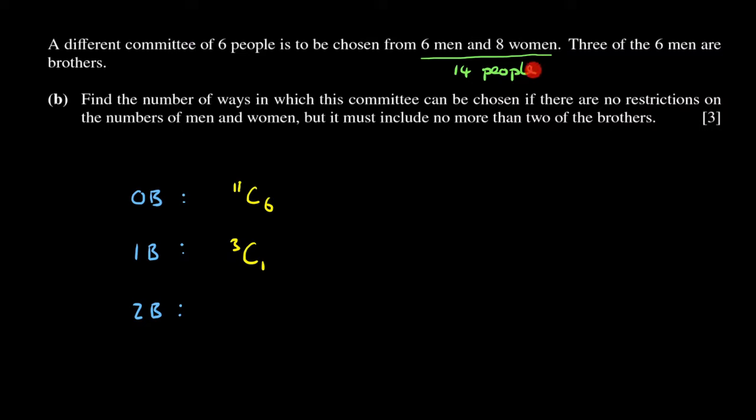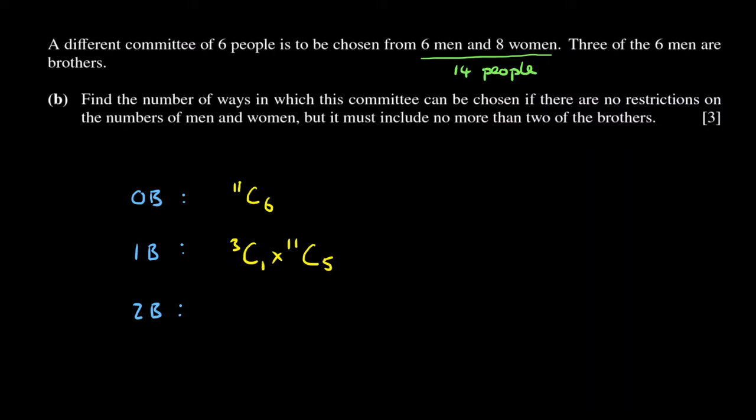So I've got to consider that there are 11 people here who are not the brothers, and I'm choosing now 5 of them, so that's going to be 11C5. And again, I'm going to multiply these because I want the 1 brother and the 5 other people at the same time.